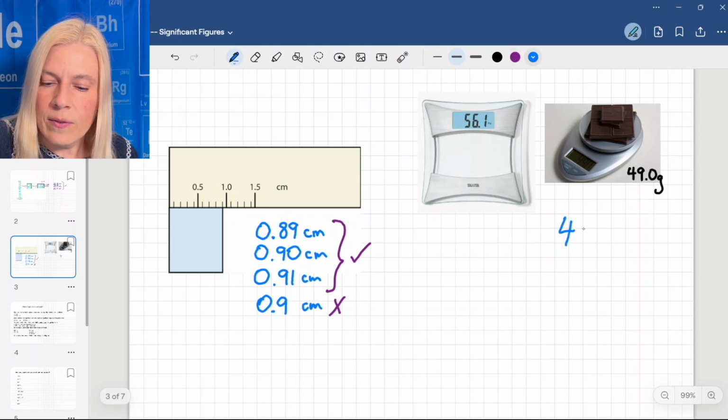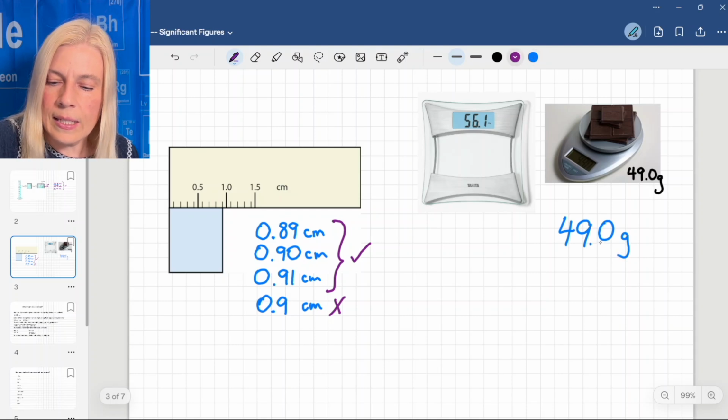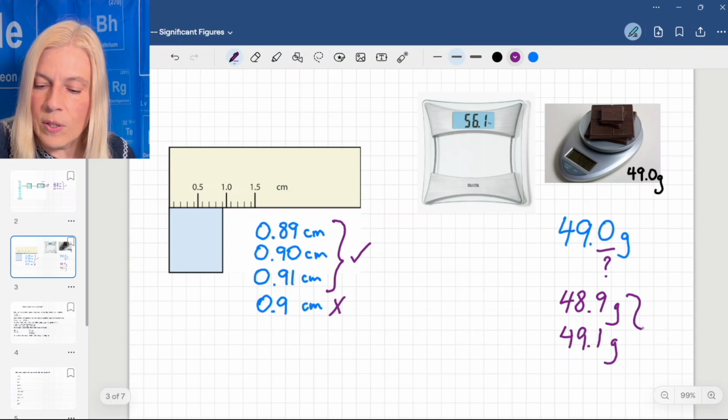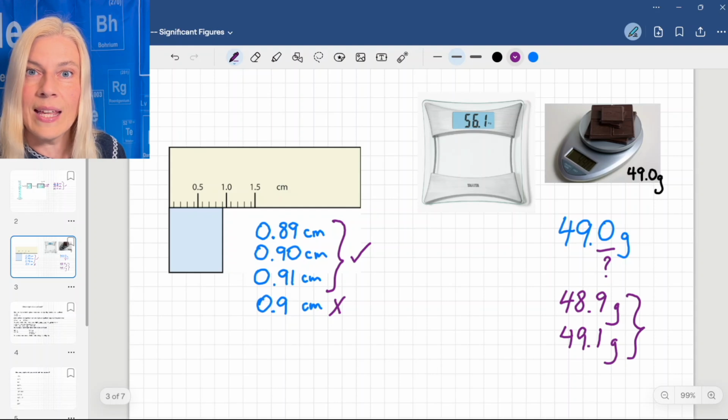That means 49.0. That means your scale is uncertain about the zero, right? It could be 48.9 grams. It's probably in between 49.1 grams, somewhere between there, and your scale is doing estimating.